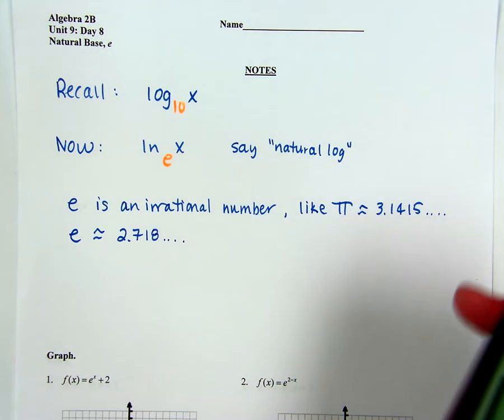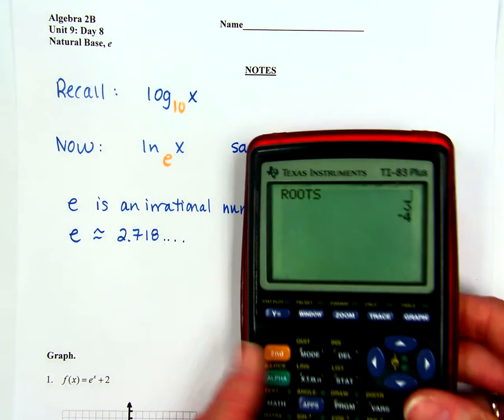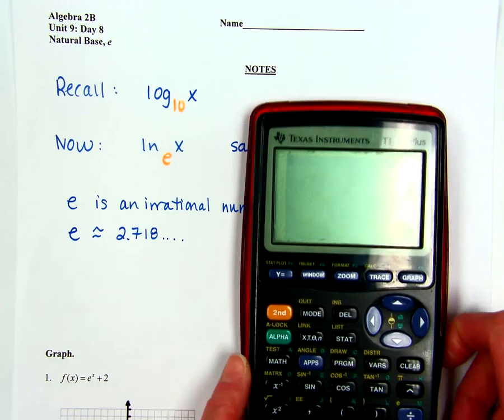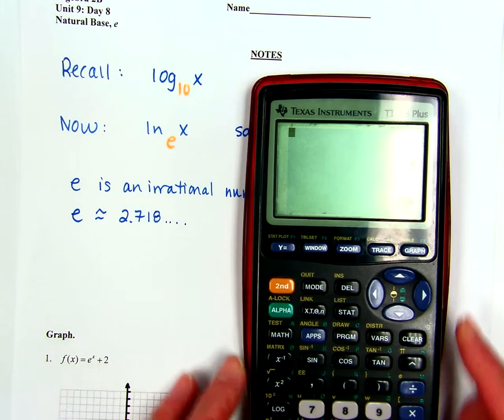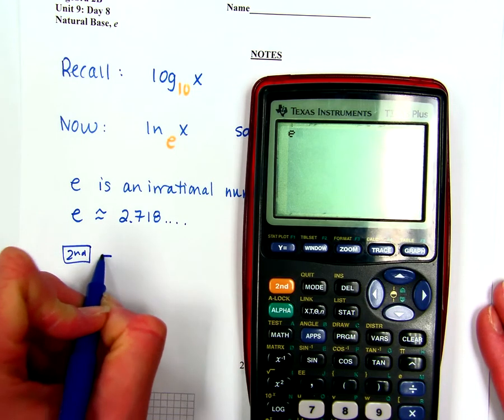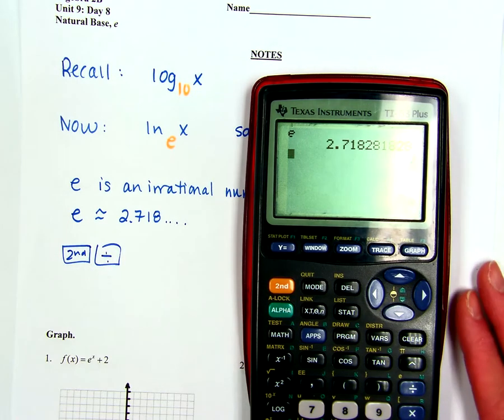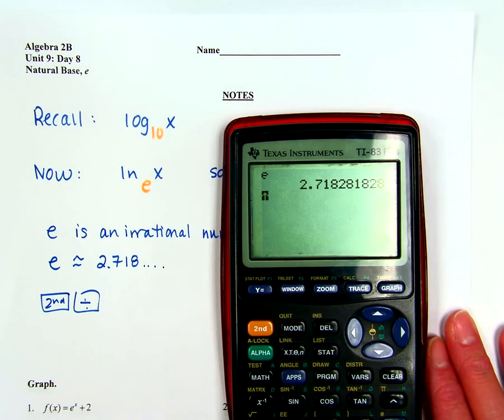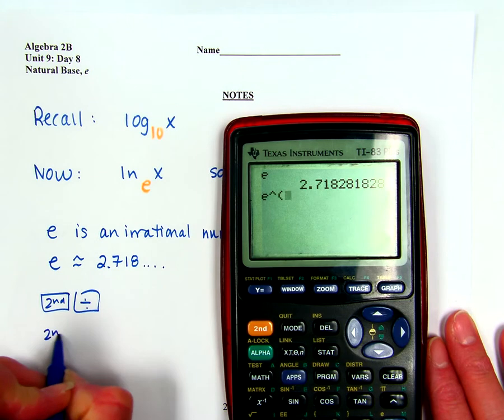Now you can find this button on your calculator. So if you go to your calculator, there's two places where you can find it. Second, and then the division key. That'll give you E, and you could see a decimal approximation for E. The other place you could find it is if you hit second and then natural log.